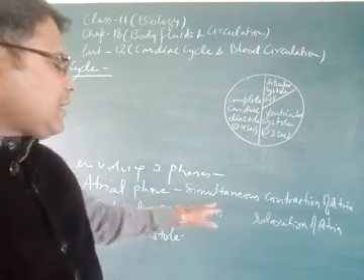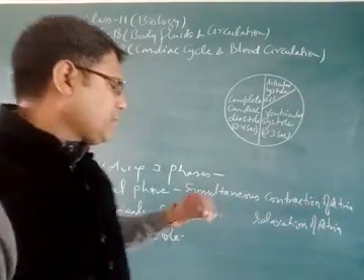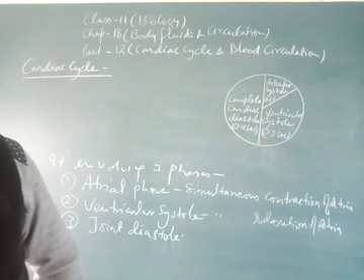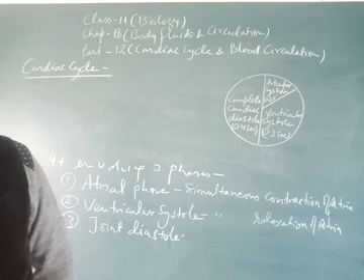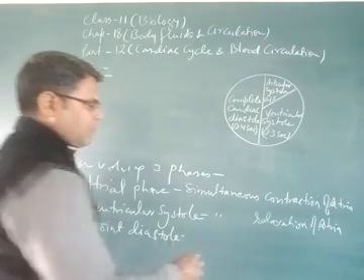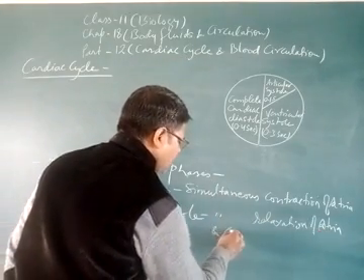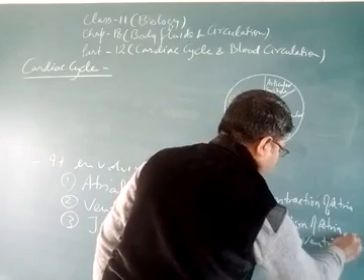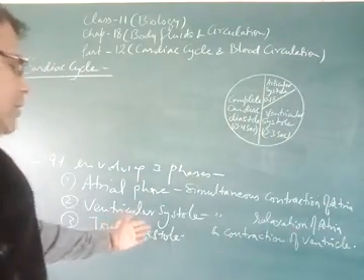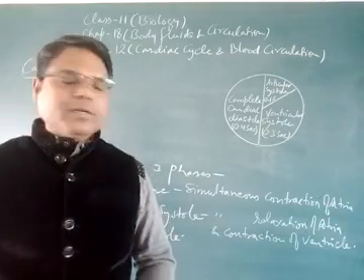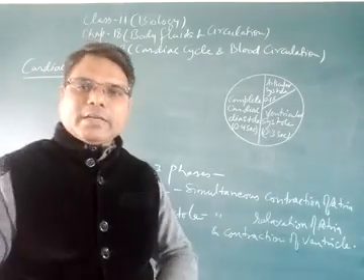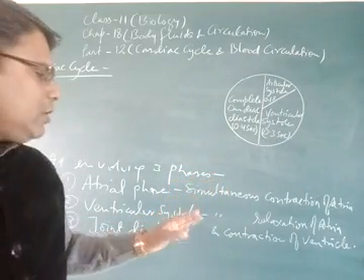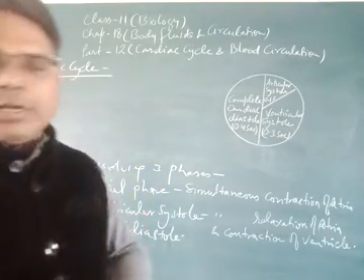This relaxation is actually atrial diastole, together with contraction of the ventricle. So ventricular systole involves relaxation of atria, that means atrial diastole, and contraction of ventricle, that means ventricular systole.